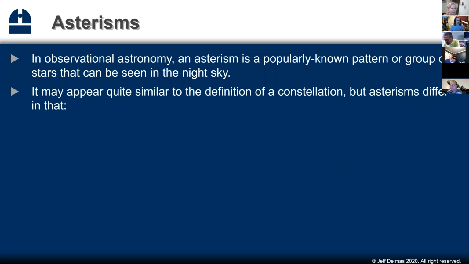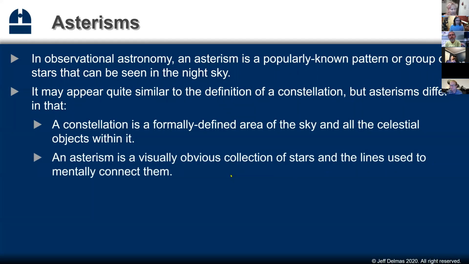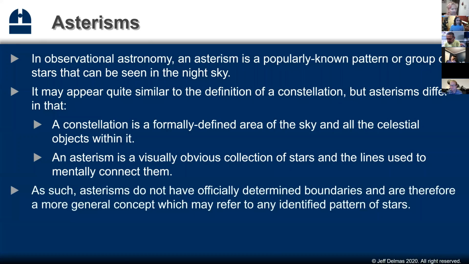It may appear quite similar to the definition of constellation, but now that you know constellations are really a partitioning of the sky, asterisms are groupings of stars. So it's more of a visually obvious collection, and then the imaginary lines used to mentally connect them.